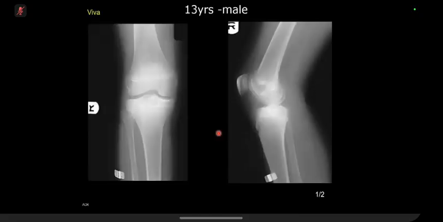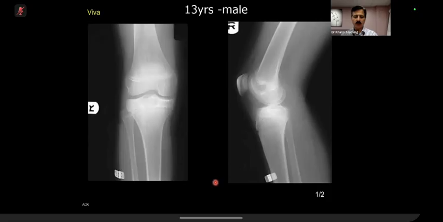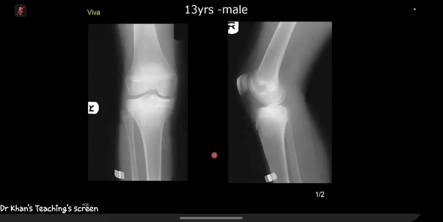Yes, please. Over to you. So this is a frontal and lateral radiograph of the right knee in a 13-year-old male patient.